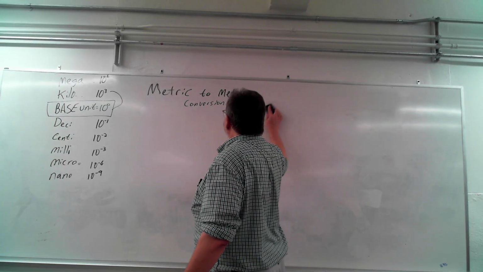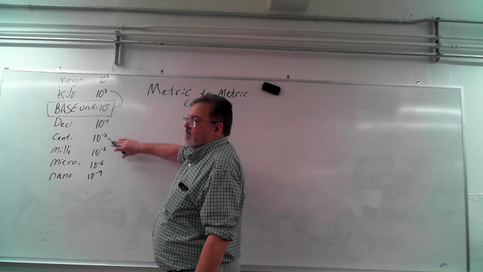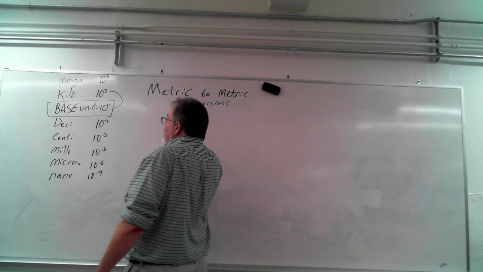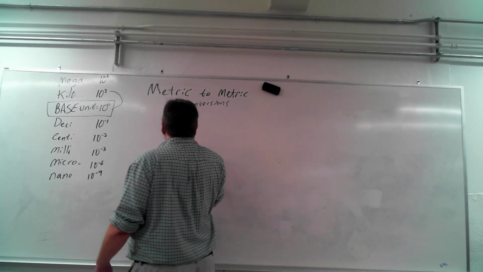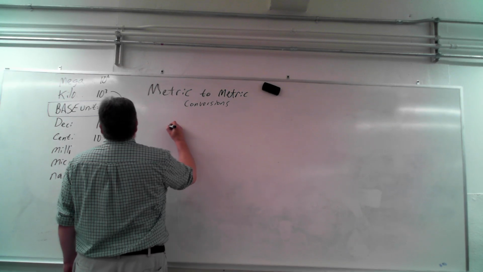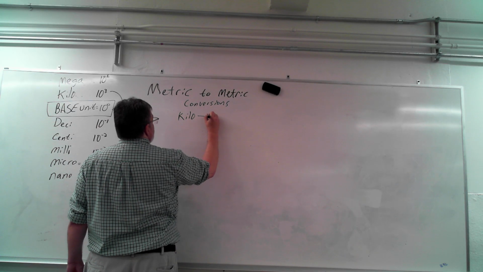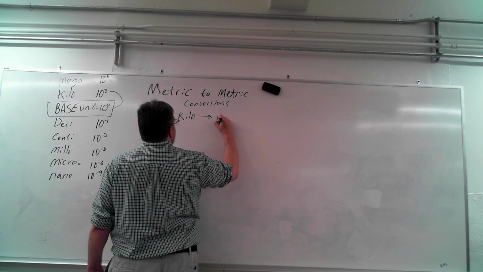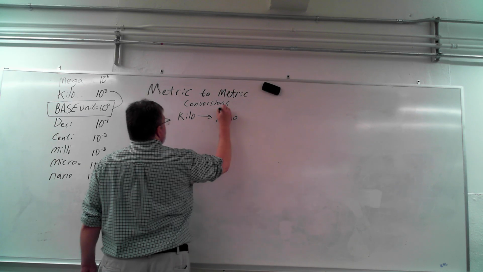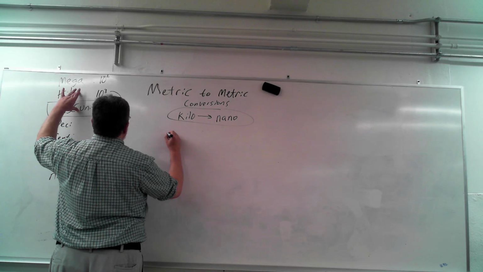The weirdest twist is when you're trying to relate something from up here to something down here. I like to do this one. Let's say I need to get from kilo to nano. I will first write down this relationship.